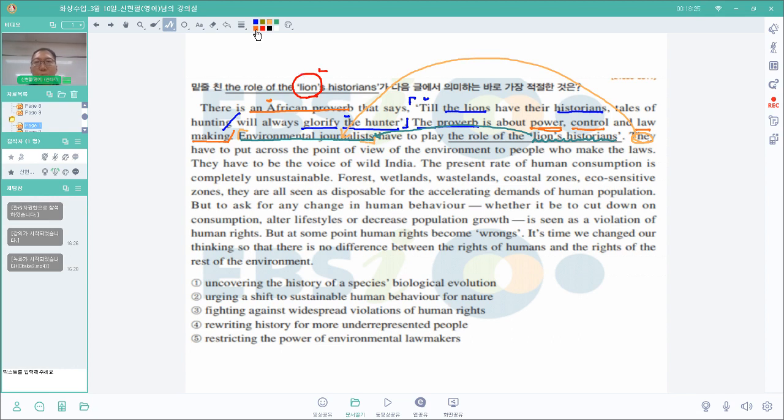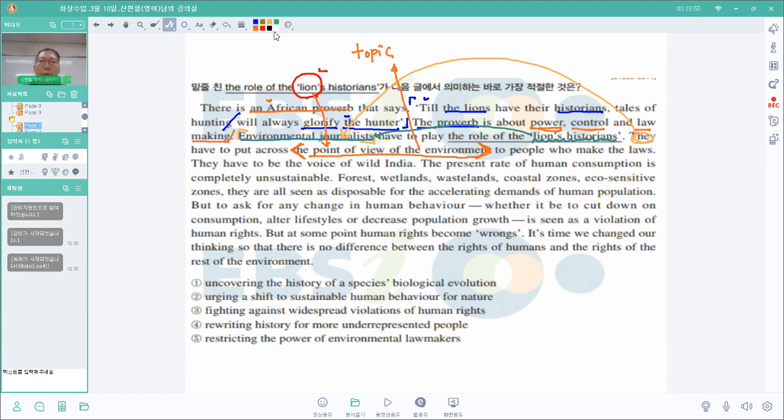They have to put across the point of view of the environment. They have to speak on behalf of the environment to the people who make the law. Okay? So here, the point of view is represented by the lions. Okay? So lion is representing the point of view of the environment, and this point of view of the environment is the topic of our passage.